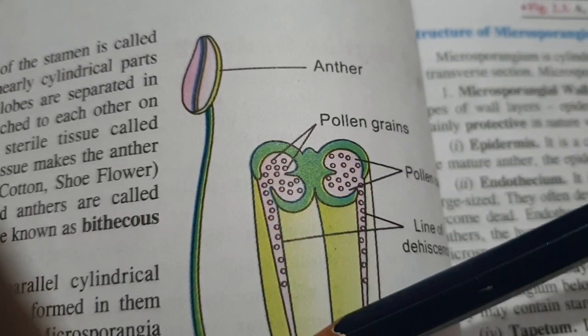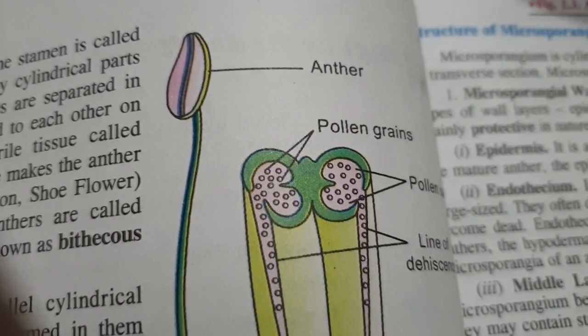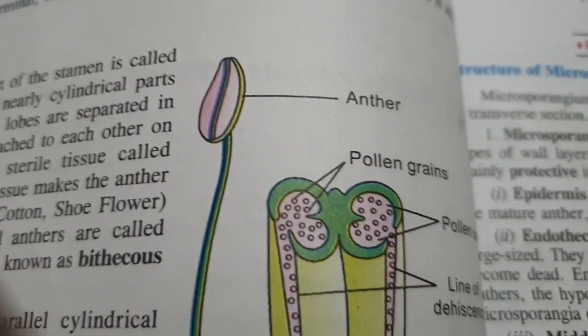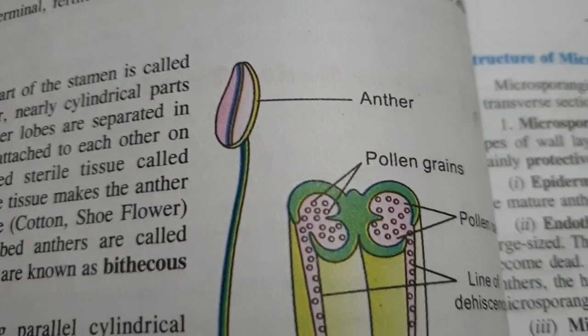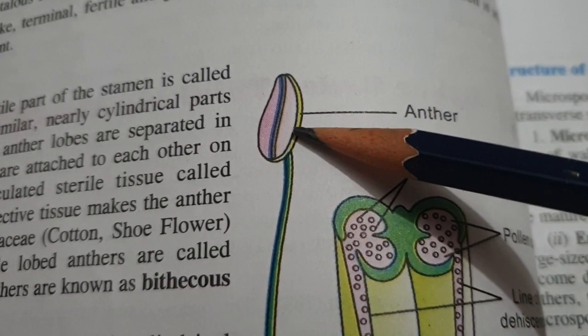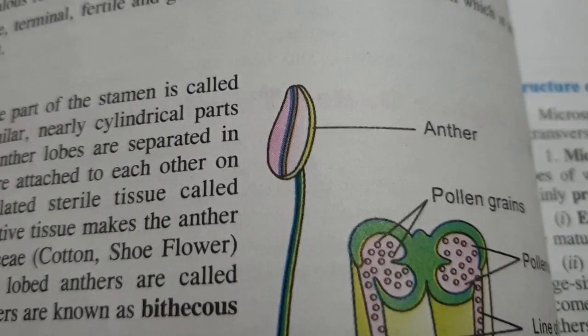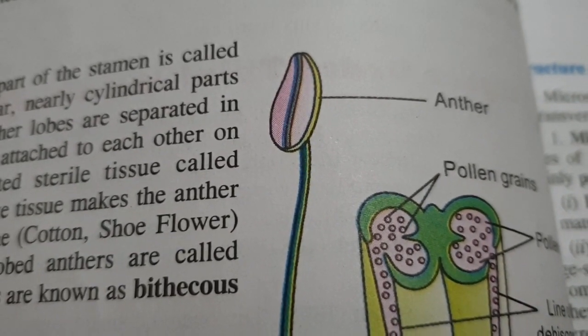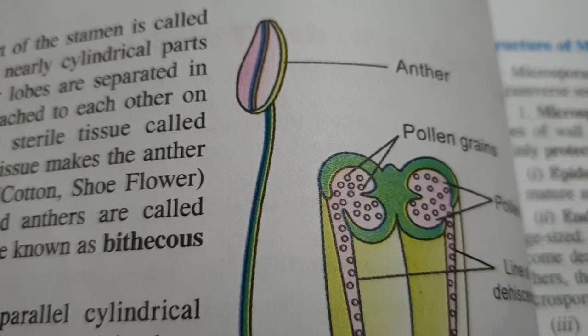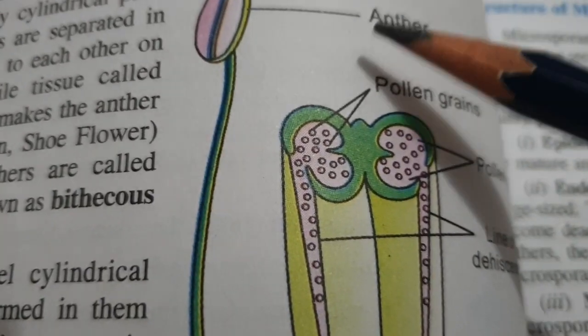Now the male reproductive structure, that is the stamen, consists of two parts, the anther and the filament. This anther consists of two lobes. It is a knob-like bilobed structure, tetragonal, and these two lobes consist of the pollen sacs or the microsporangia.